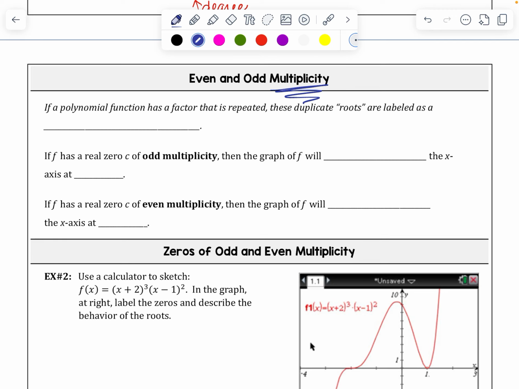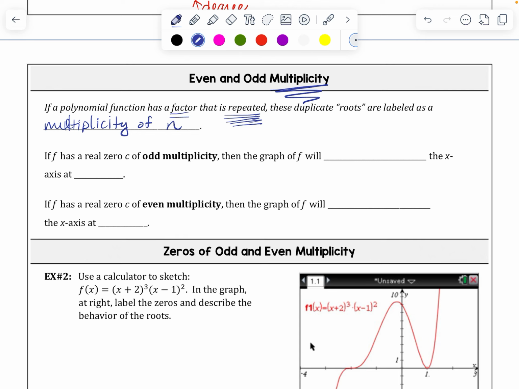So if a polynomial function has a factor that is repeated, this is the key word in multiplicity, these duplicate roots are labeled as a multiplicity of the nth degree.